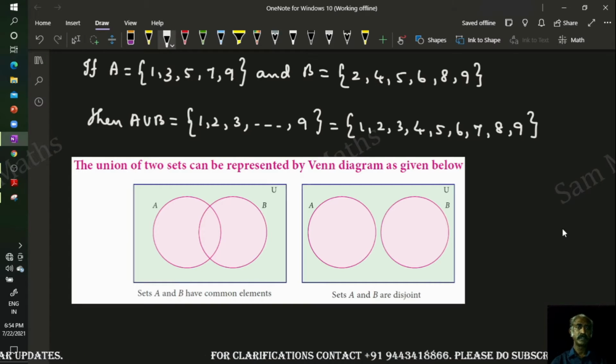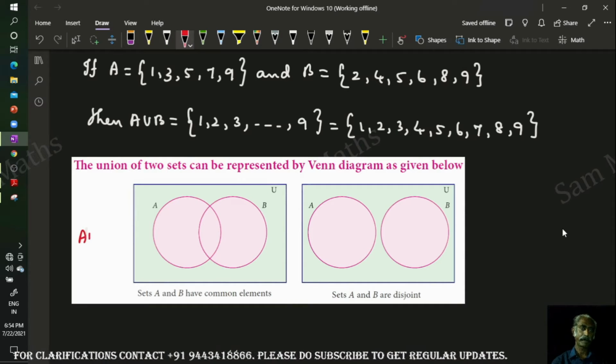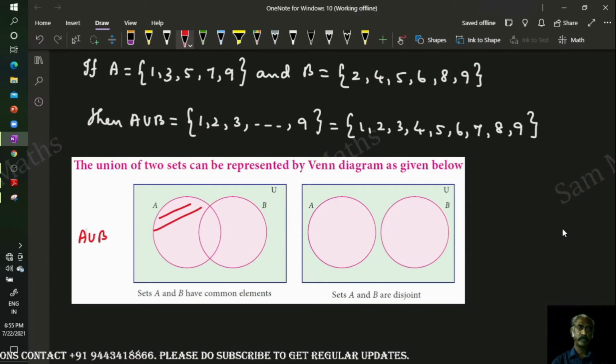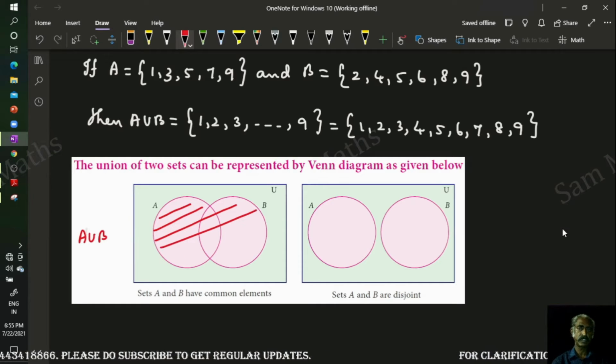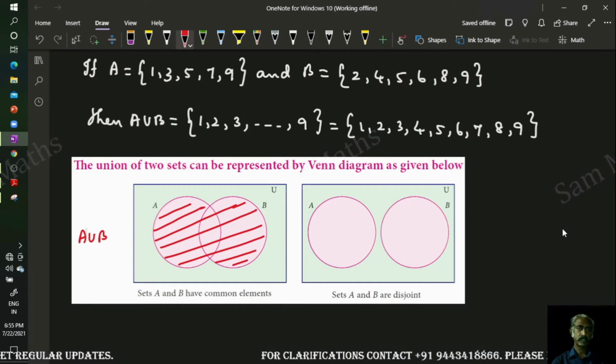So for the union of two sets, we are going to shade A union B. A union B means we have to shade both the sets, both the circles. Okay, children.